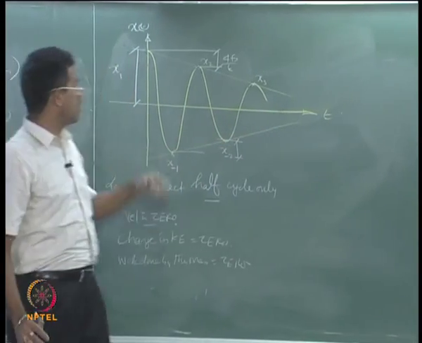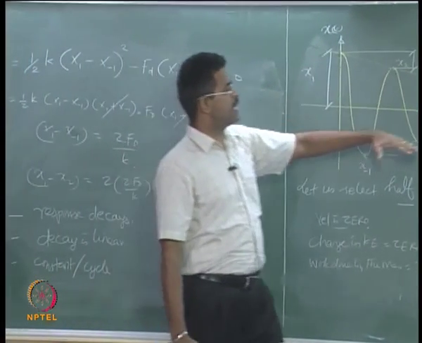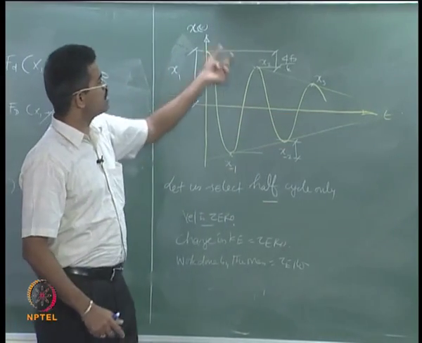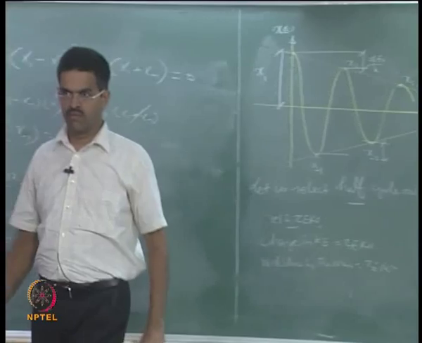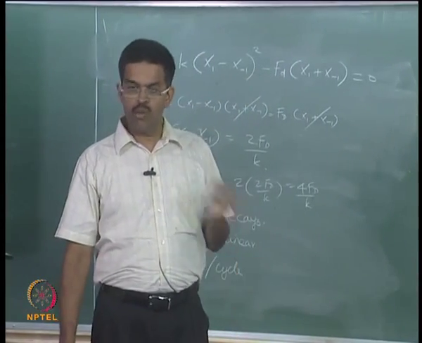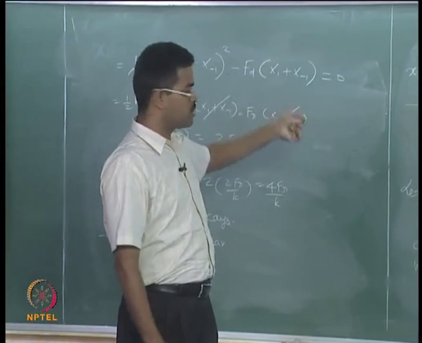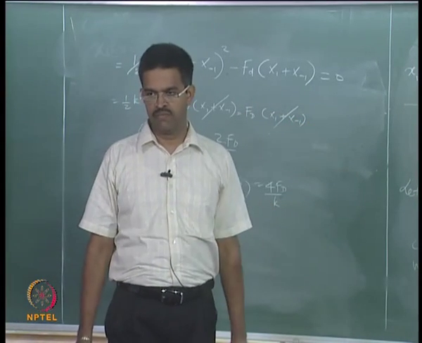You want the response not x1, you want the response as xn, let us say here somewhere. Since you know every cycle the response decay is constant for Coulomb damping, you must make the model undergo that many number of cycles to bring the response from x1 to xn of your choice.